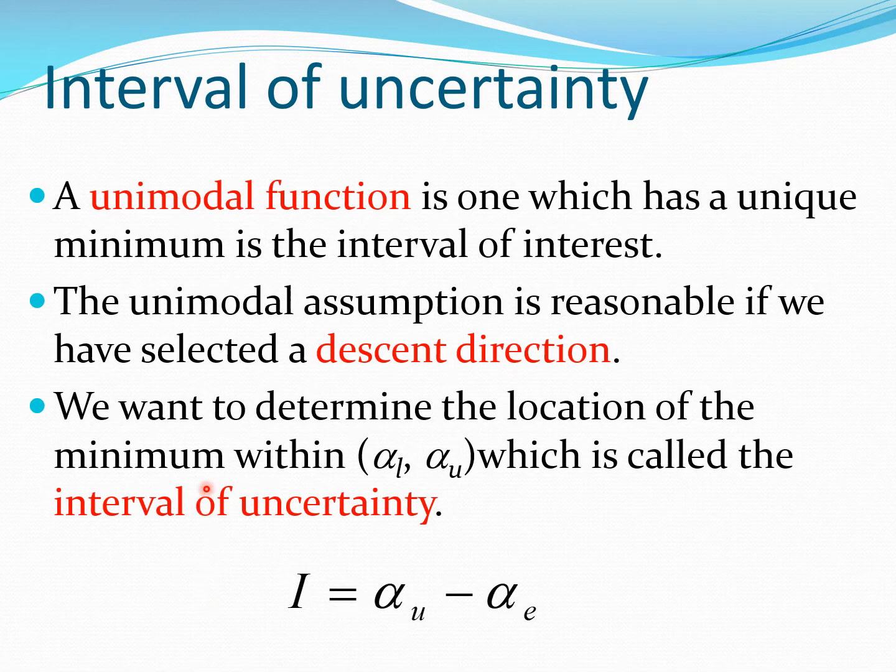This bracketing is done between the two bounds of this set, and the distance between alpha U and alpha L is known as I, the interval of uncertainty. This is a very important concept in one-dimensional search, and all these algorithms try to bring down this number I to an acceptable level.